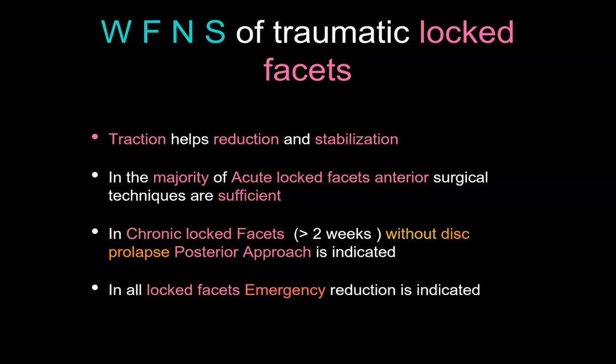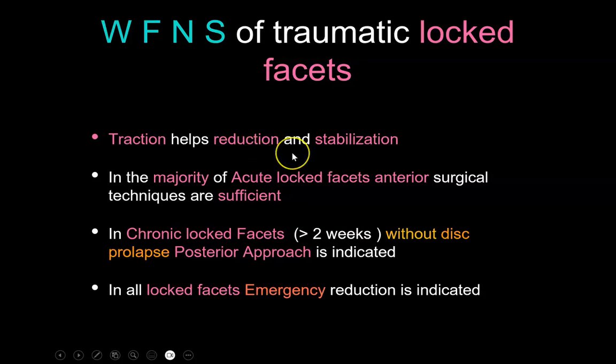Also, the World Federation on Traumatic Locked Facets says that traction most probably helps in reduction and stabilization after that. You do the traction and you can reduce the locked facet, you can reduce the dislocated facet. And in the majority of acute locked facets, anterior surgical techniques are sufficient with the traction.